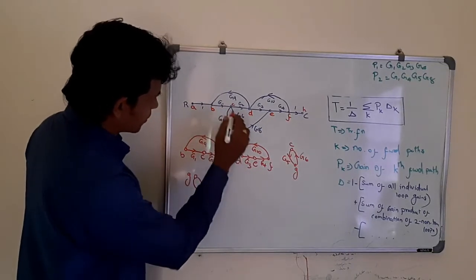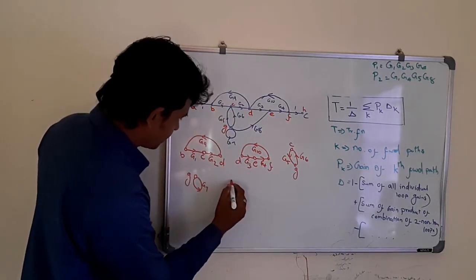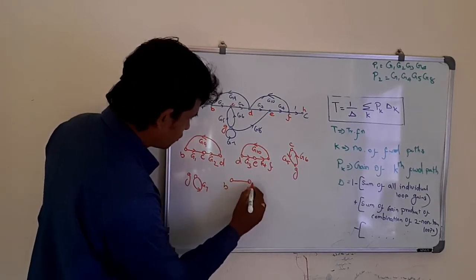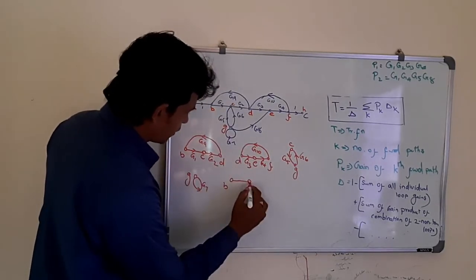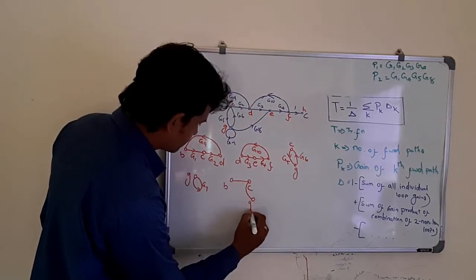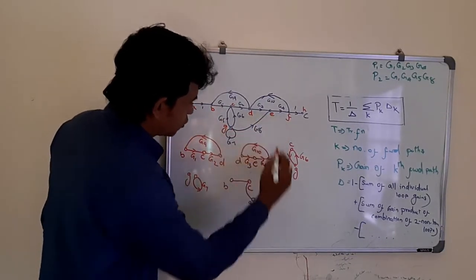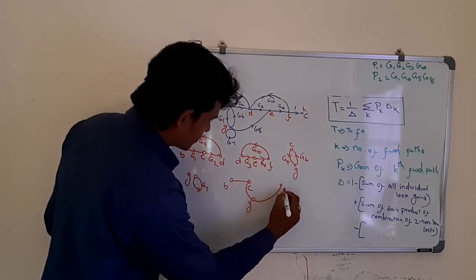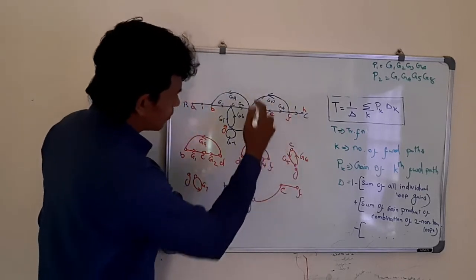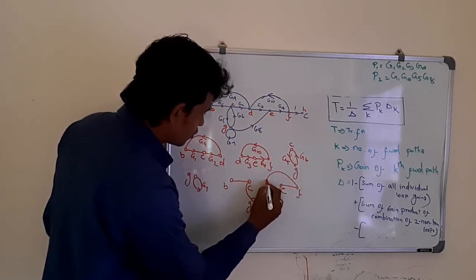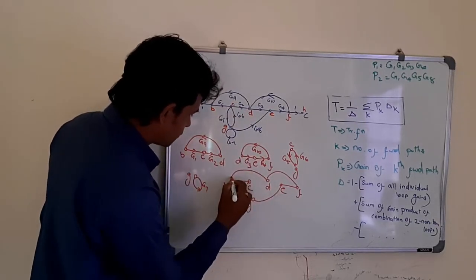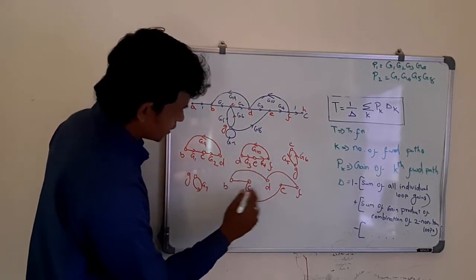Just look, let me start from B. From B to node C, from node C to node G, from node G to node E, from node E to node F, from node F to node D, from node D to node B. So this is one loop.